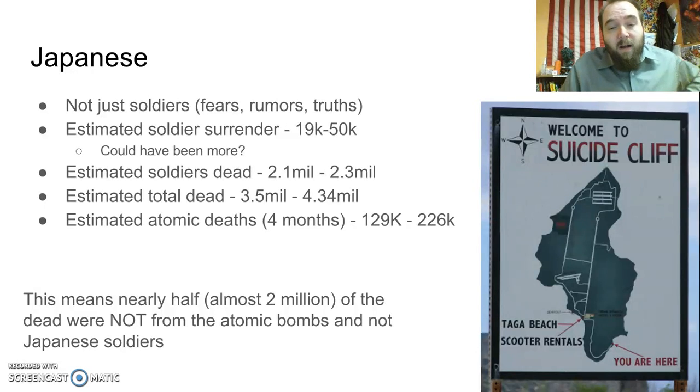I do want to talk about Japanese people and the fighting, specifically the non-combatants. There were a lot of Japanese people on islands that were not soldiers. We've got non-combatant men, non-combatant women, children, and there were lots of fears and rumors, possibly even truths, about what the Americans would do if they captured you.